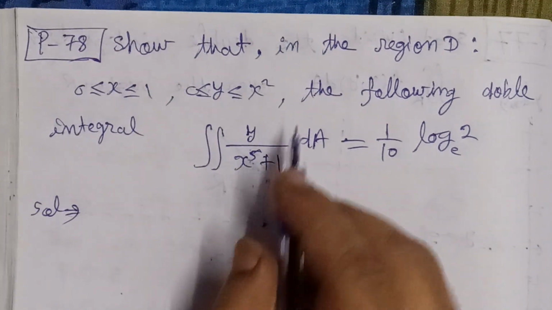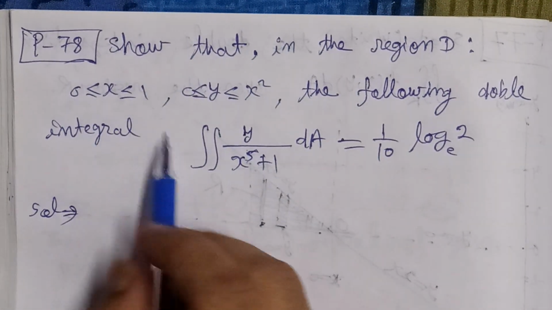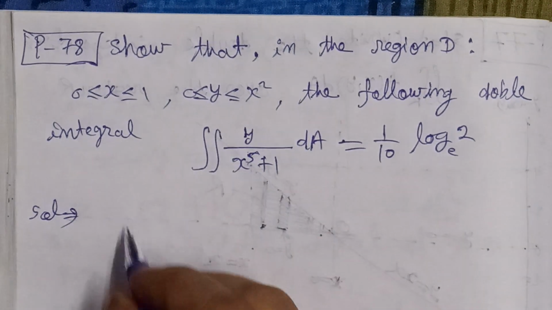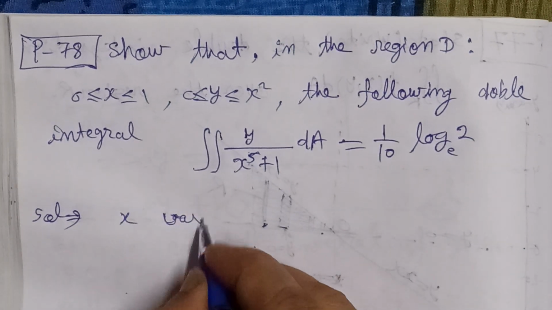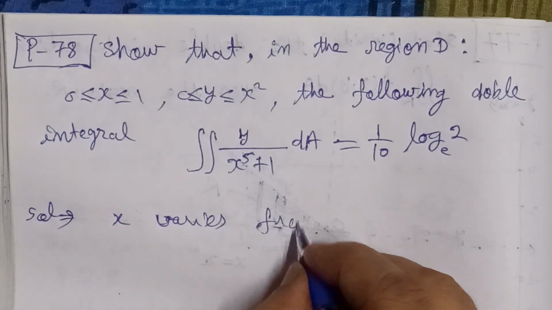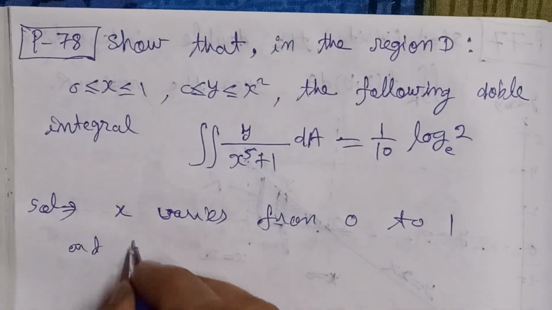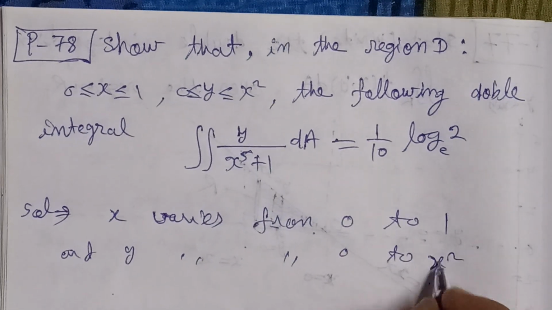We are saying that the limit varies from x equal to 0 to 1, and y varies from 0 to x square.